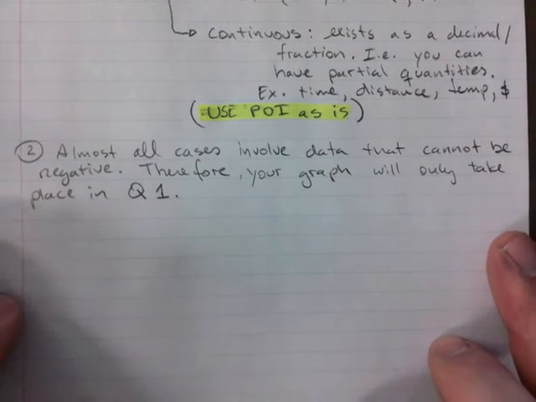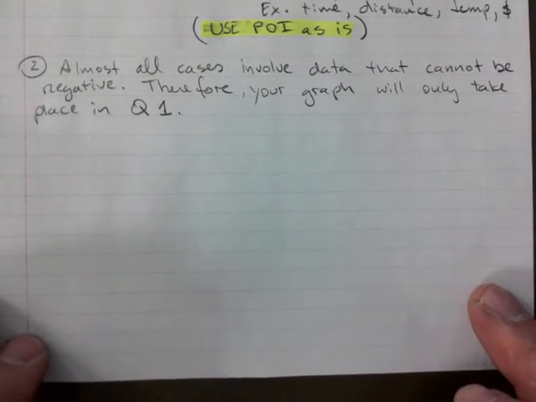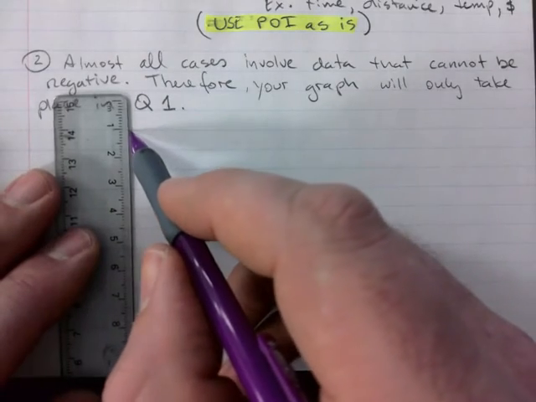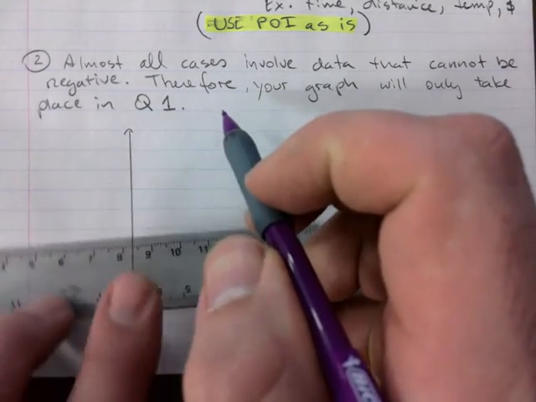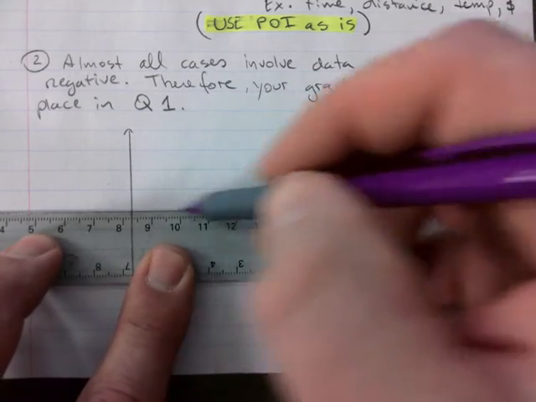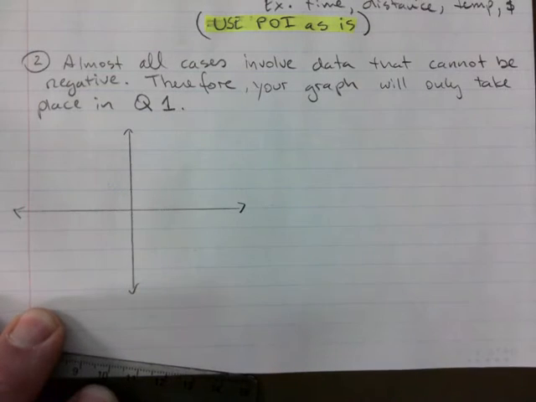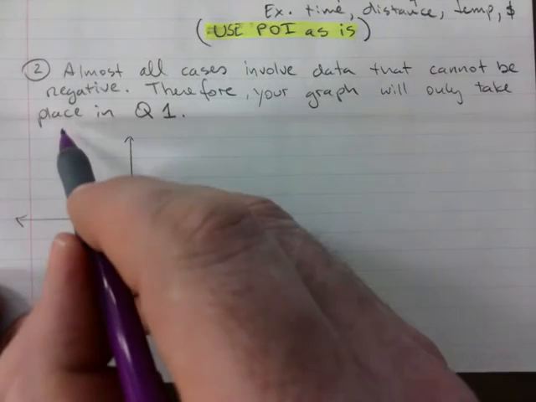And I will actually give you a visual representation of that. So if you have a ruler, go for it. If not, that's okay. Just make two axes like this, right? X and Y. This one has a context.